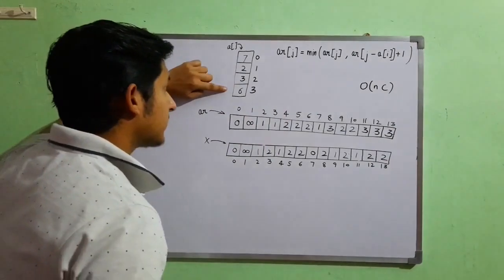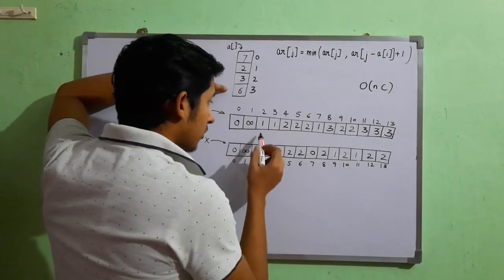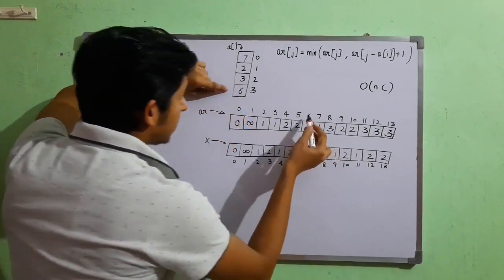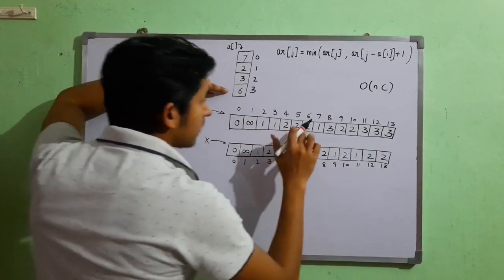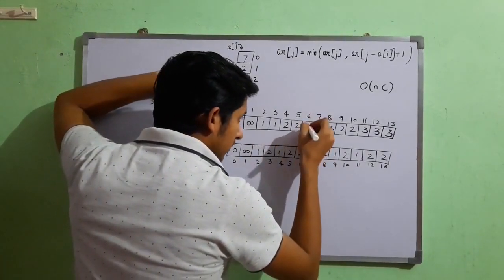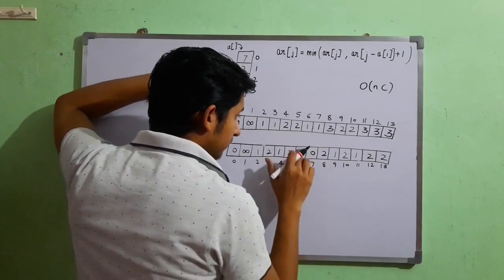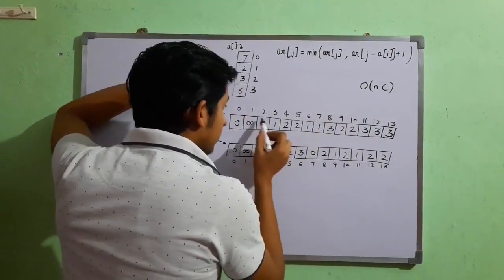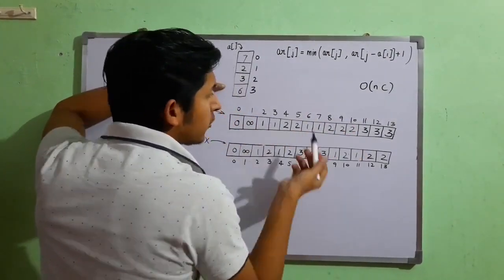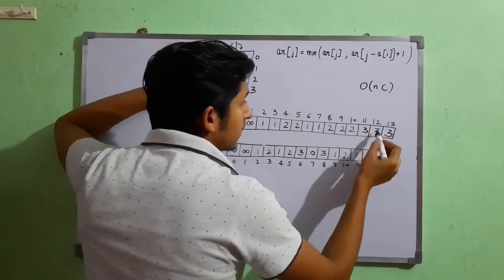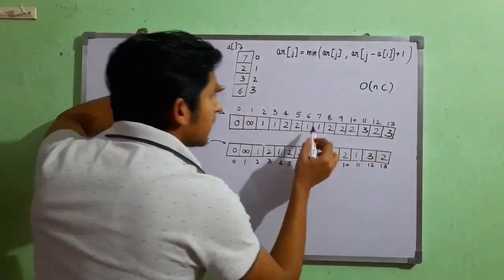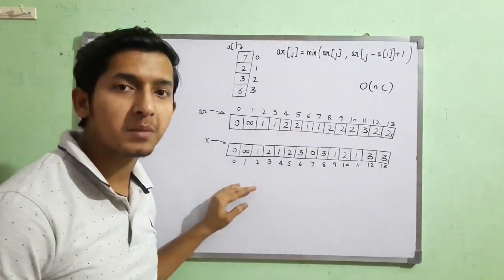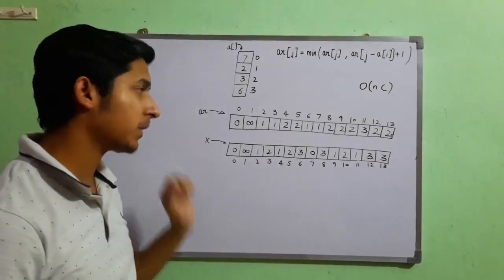Now for this, no update, no update, no. Here 2 or 6 minus 6, this plus 1. So I hope you understood how we reduce space complexity with the same time complexity in dynamic programming.